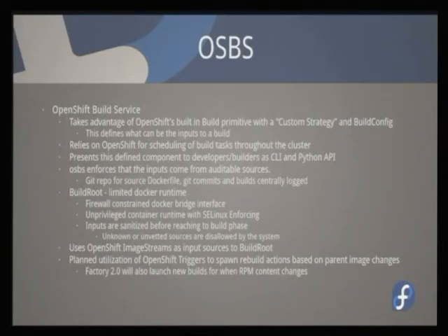We're also going to have a Factory 2 component. For those who have heard of Factory 2.0 or have seen the Factory 2.0 talk, there will also be a component of the build environment that will have a record of all of the content that's going to go into a layered image.